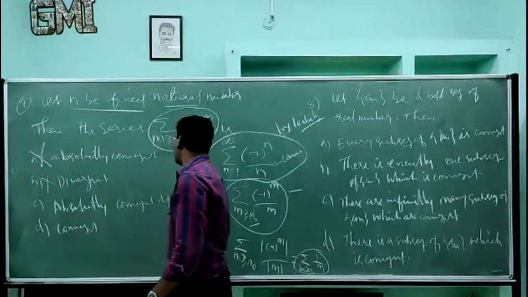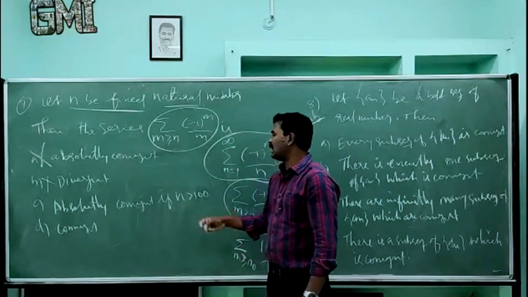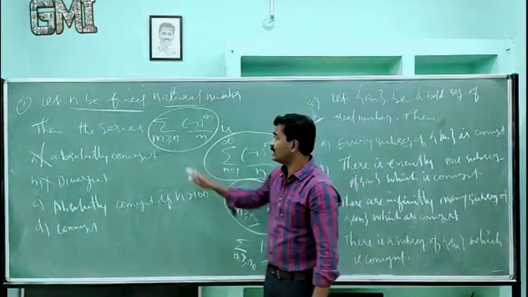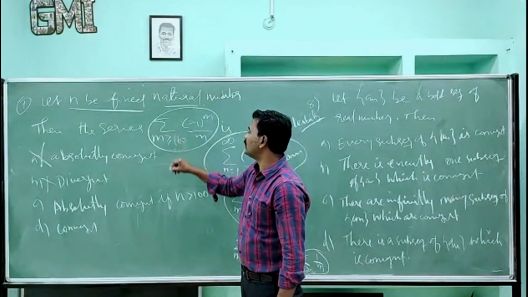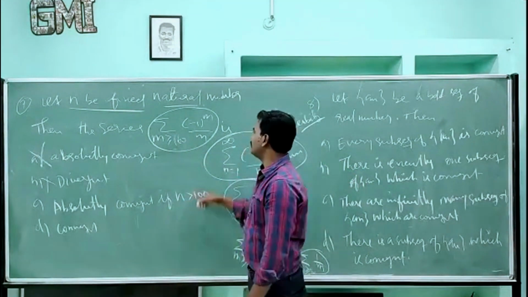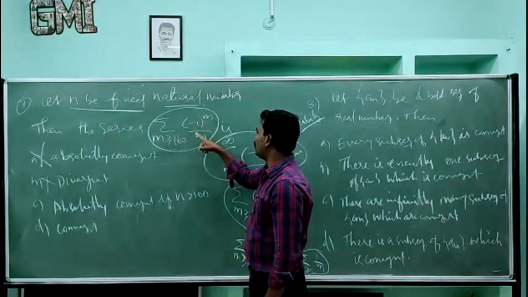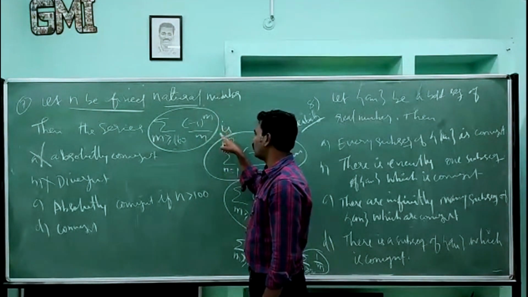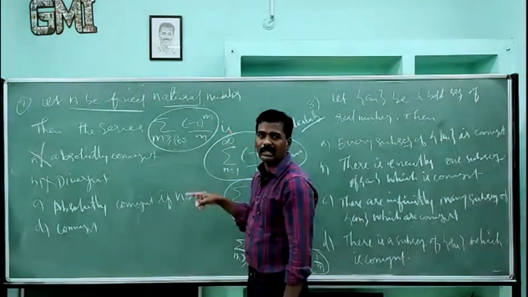What about C? Absolutely convergent if n greater than 100. No. Even if n is more than 100, the series would be 1 by 101 plus 1 by 102 plus 1 by 103 and so on.